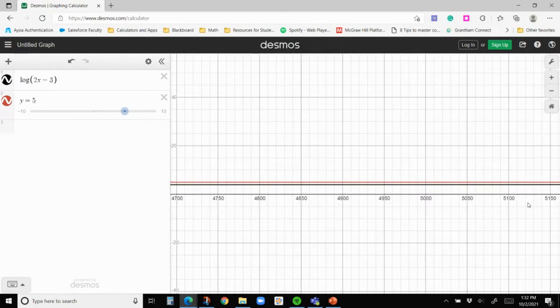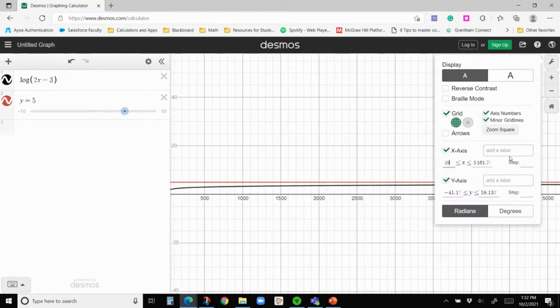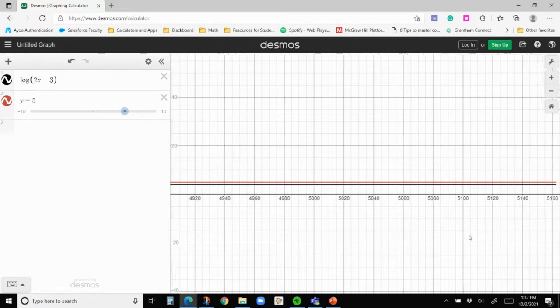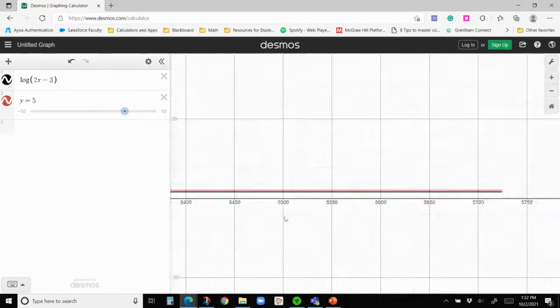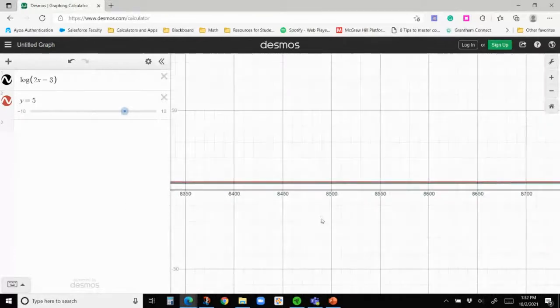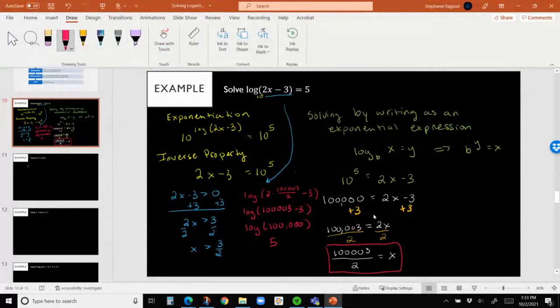Oh, no, I missed the 0. Okay, trying to get it. Well, this is a situation where you may not want to try to check your answer by graphing because it is such a big number. But we checked it just with algebra and it works.